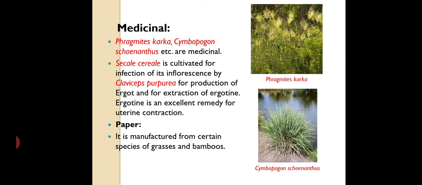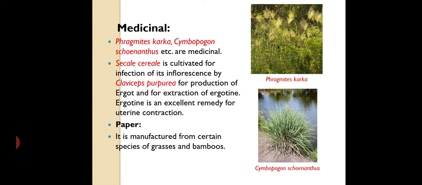Actually this ergot is a disease, but when this fungal attack occurs, ergot is produced, with some black mass, and from that we can extract ergotin. Ergotin is an excellent remedy for uterine contraction.